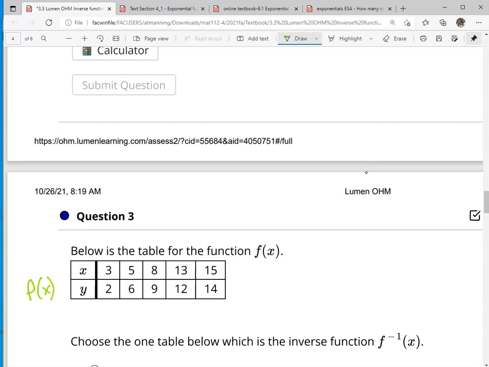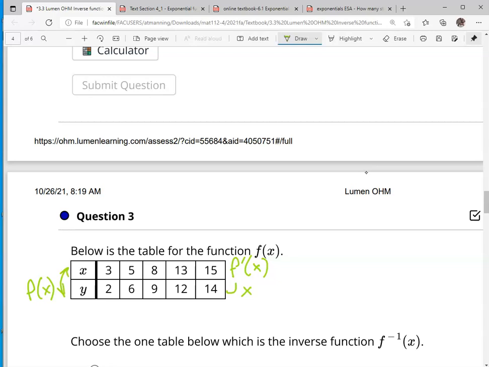Well, the inverse is going to be: I start with y, and f inverse takes me back to my original x. For the inverse function, these numbers are our input numbers. So y becomes our input to our inverse function, and we know it will take us back to x. So basically, we're looking for a table that is simply these two columns switched around.